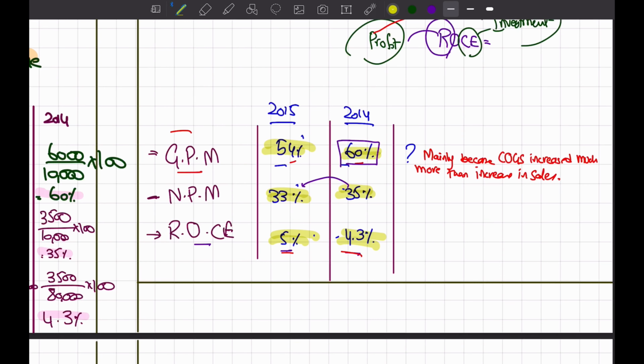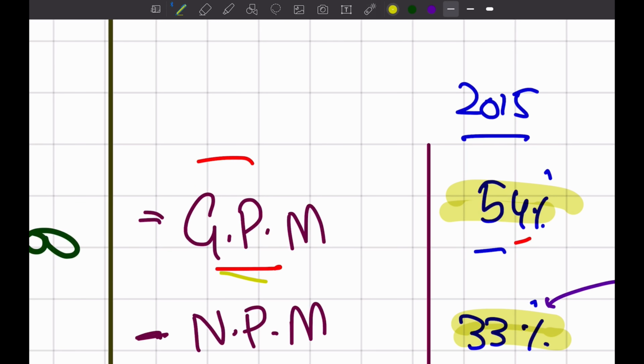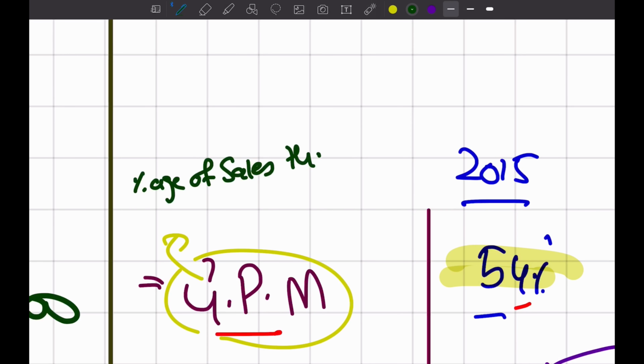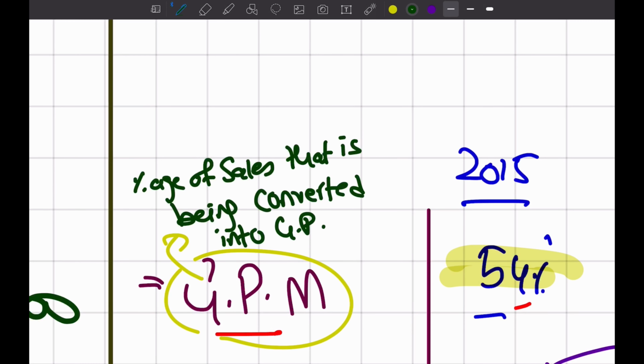इफ़ आई वांट टू नो व्हाट द डेफिनेशन ऑफ ग्रॉस प्रॉफिट मार्जिन इज, दिस इज the percentage of sales that is being converted into gross profits.